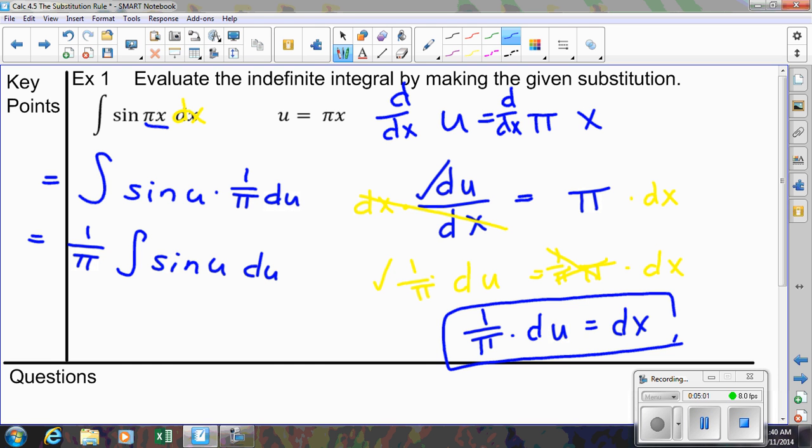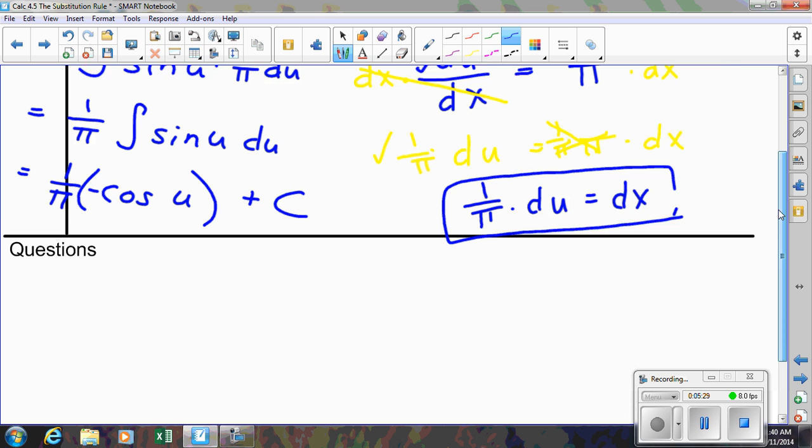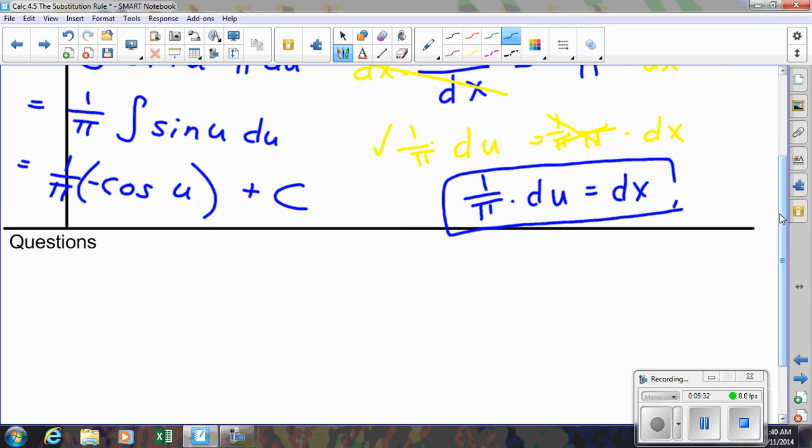And that's exactly what we know how to do. We have a formula for the sine of u. That antiderivative is the negative cosine of u plus a constant. To completely finish the problem, we now need to convert backward. We don't want the answer in terms of u. The original problem used x as a variable, so we want to change it back into x.